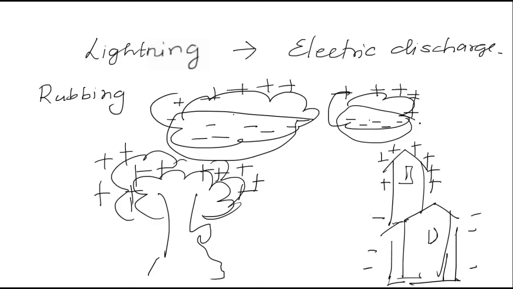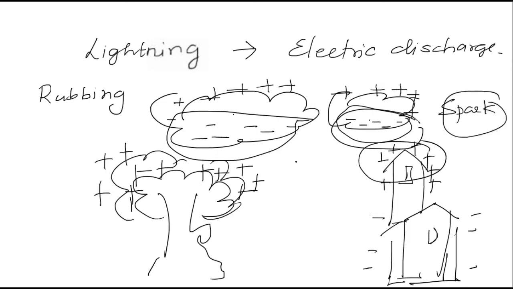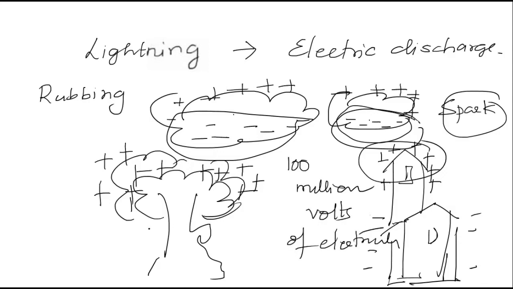So because of this, when they are very close to each other, there will be direct contact of positive and negative charge, and then there will be a spark. This will discharge around 100 million volts of electricity. Just compare with 230 volts of electricity at our home, right?